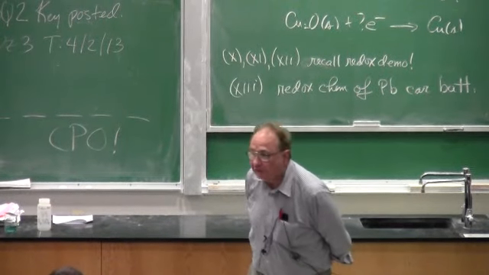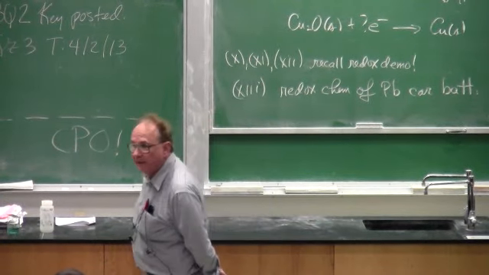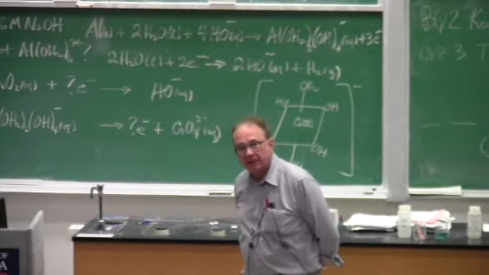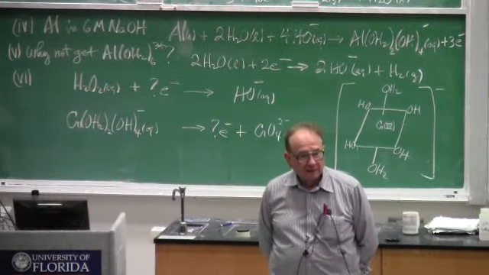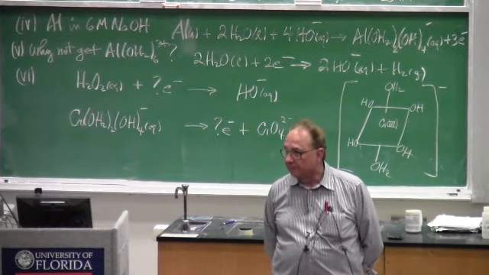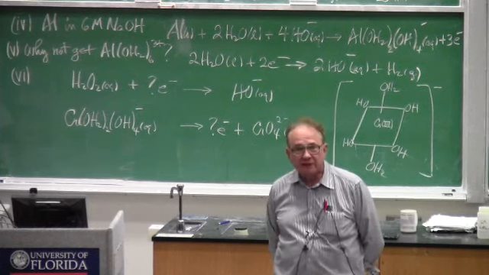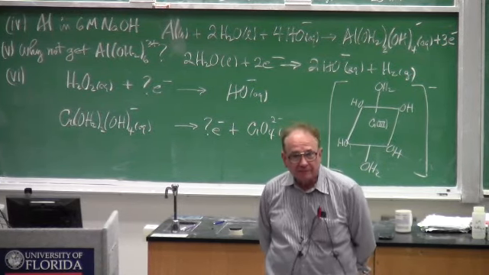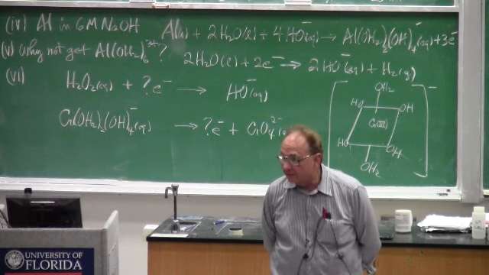In doing the redox demonstration, did we not find that the production of hydrogen by redox is pH dependent? Did we not find, for example, that zinc in pH 7 water does nothing, but zinc in pH 0 water goes like a charm? Didn't we find that out?